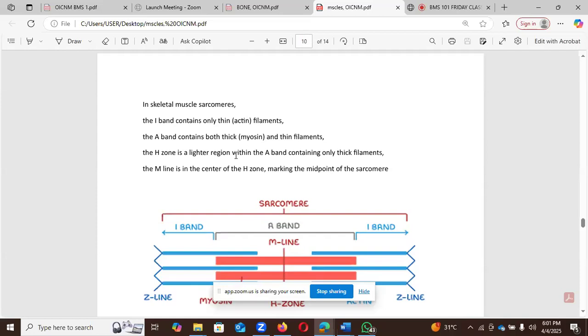So the A band contains thick myosin and thin actin filament. The H zone is the lighter region of the A band. It contains only thick filament. The M line is the center of the H zone, and it marks the midpoint of a sarcomere.